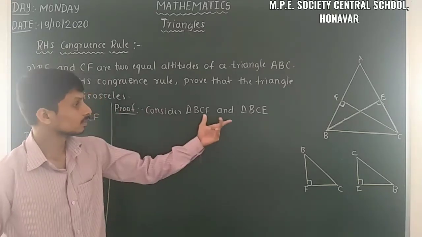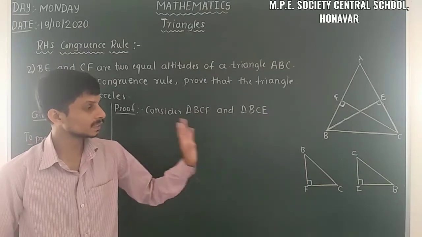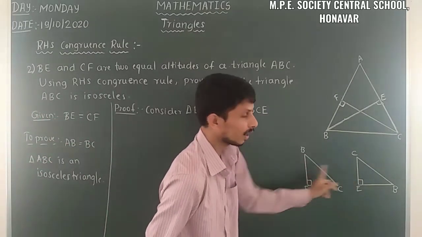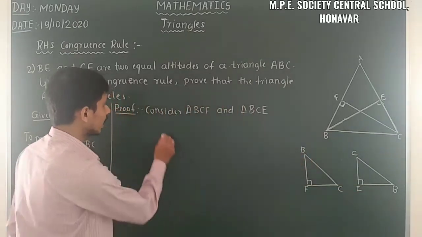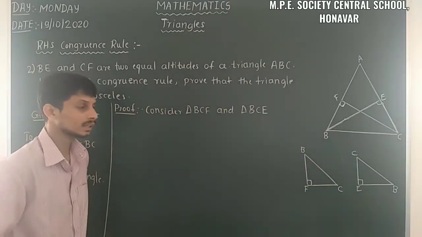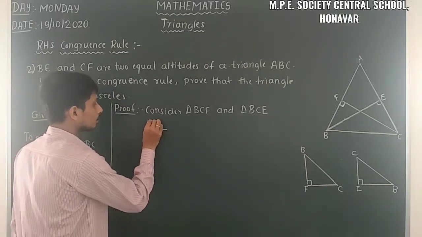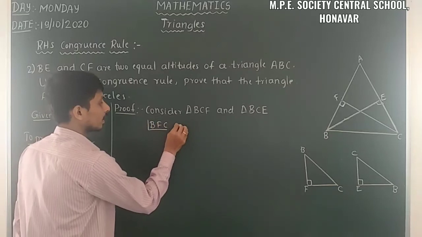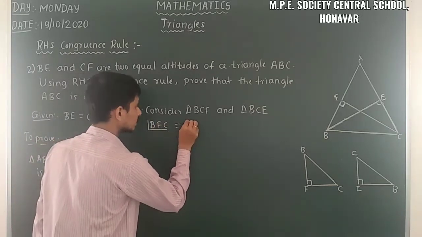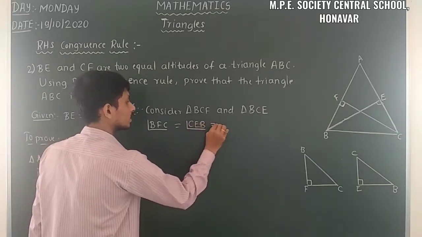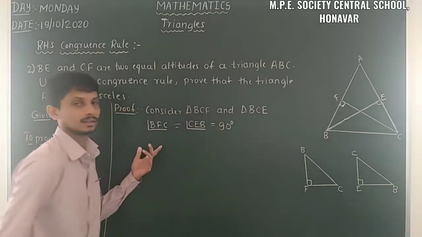So here we consider triangles BCF and BCE. In those two we have right angles, so we can take the corresponding angles as equal, that is angle BFC is equal to angle CEB is equal to 90 degrees. We have a right angle.